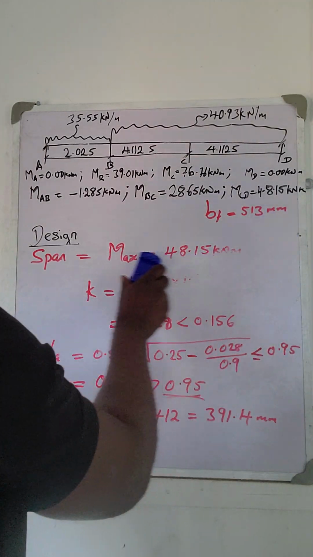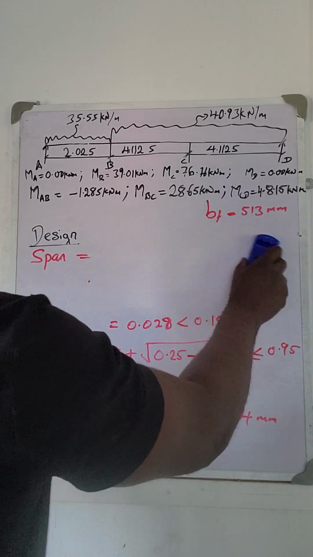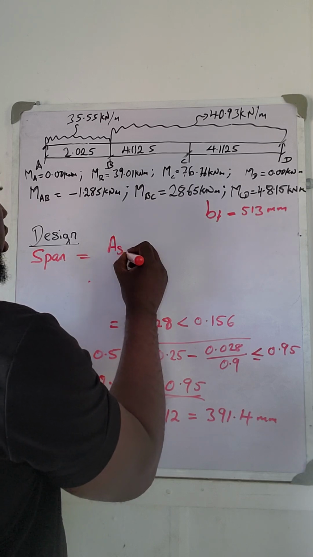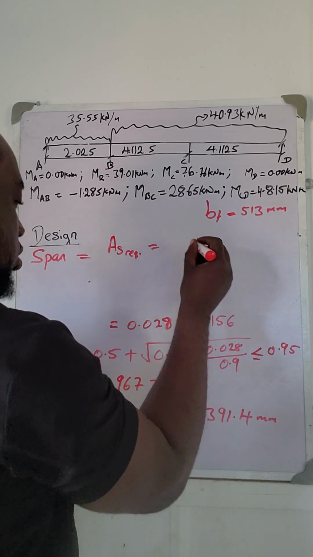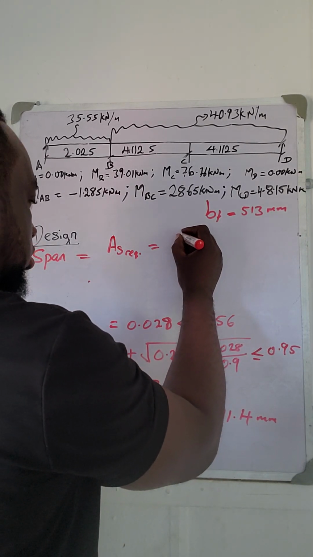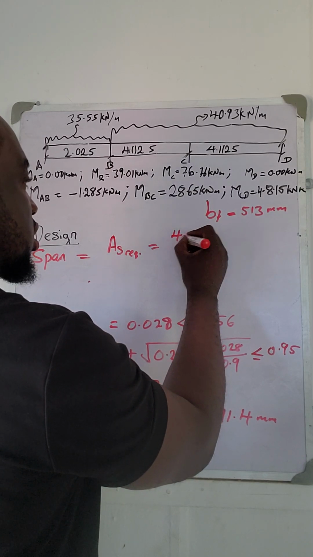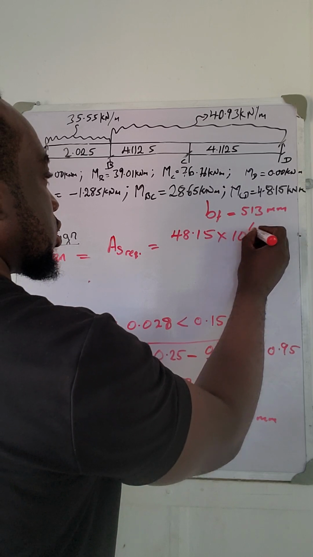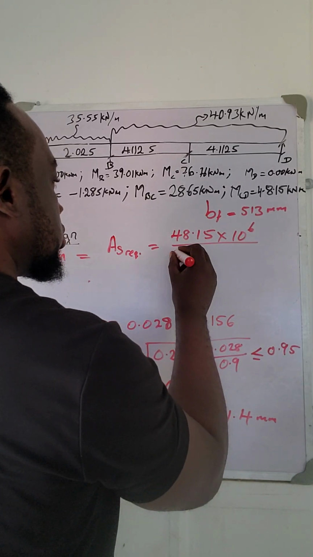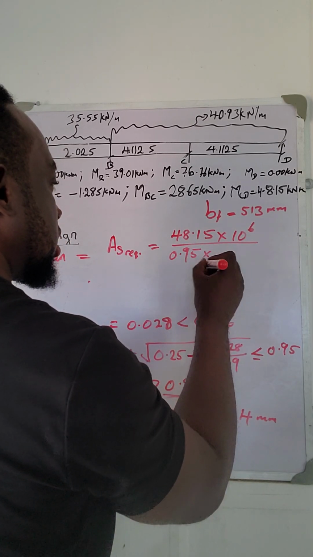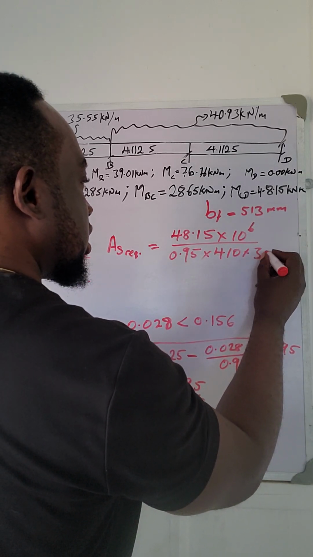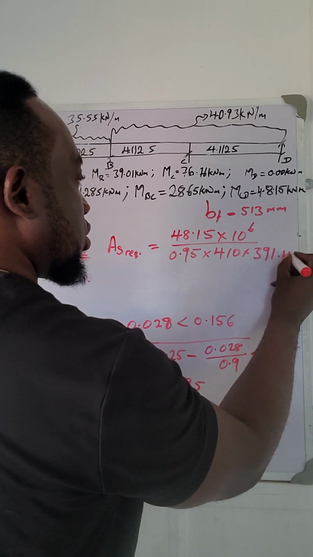Then we'll now have our AS required equal to M, that is 48.156 over 0.95 multiplied by 410 multiplied by 391.4.